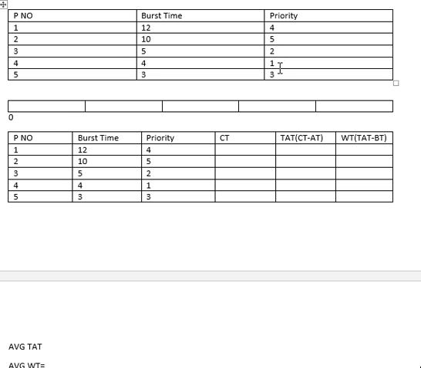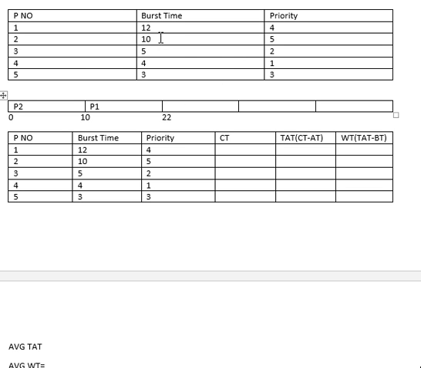So here again the largest number is supposed to be the highest priority, so largest number is 5, so I'll just put P2, and for P2 the burst time is 10, so here it will be 10. Next one is your P1, the burst time for P1 is 12, so this will be 10 plus 12, it will be 22.